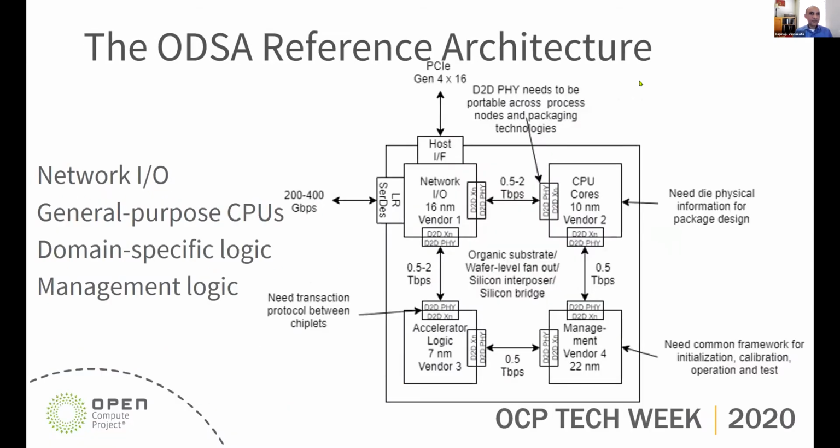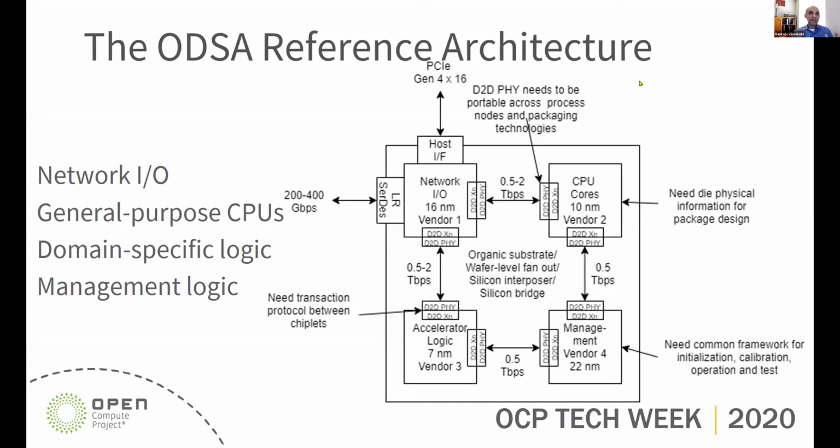What we're interested in this talk is how do you manage them? One of the things we've developed in the ODSA is a reference architecture, which says, let's take a standard accelerator and decompose it into some standard constituent parts: a network I/O, which will implement NIC functionality; a general purpose CPU core, which will implement whatever you want to run in general purpose logic; and domain specific accelerator logic that may be in the most advanced process node, because that's the workload being accelerated.